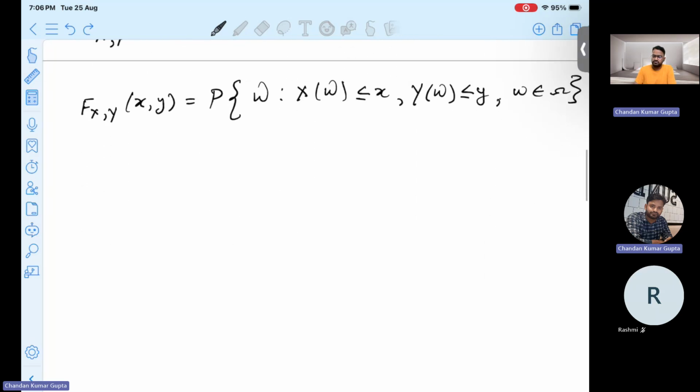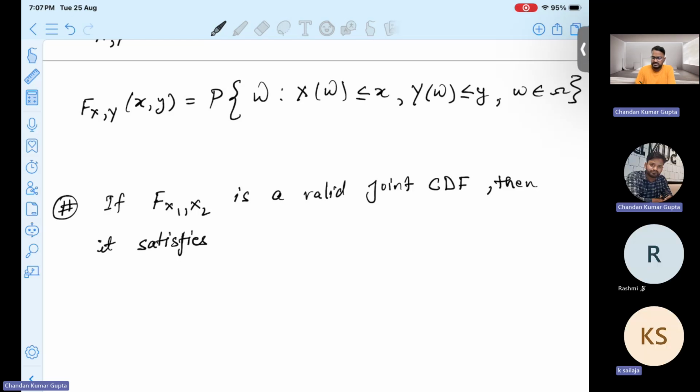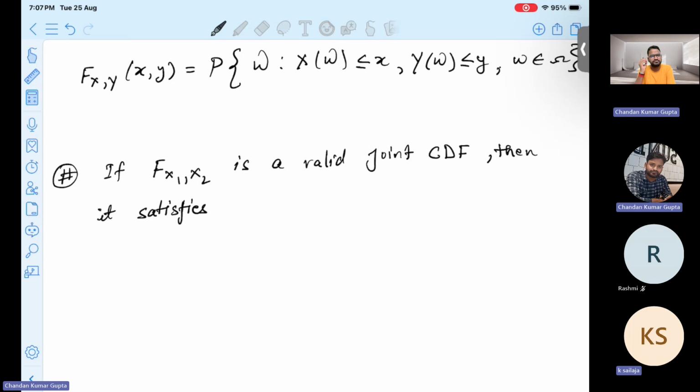For that, suppose F(x1, x2) is a valid joint cumulative distribution function, then it satisfies some properties.